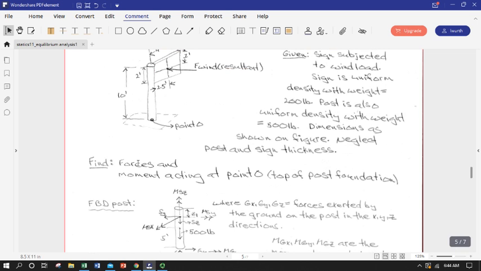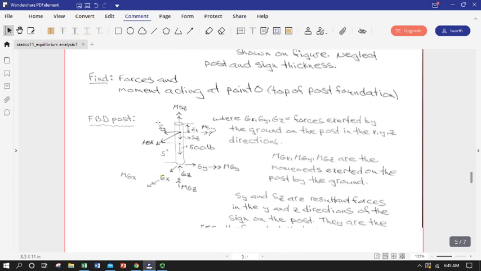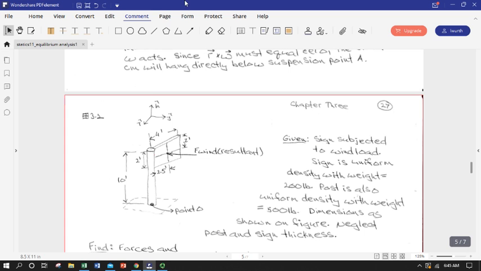So someone wants the forces and moments acting at point O, because that's what your foundation designer is going to need. Okay, so we have a lot of choices in terms of how we're going to approach this. And our first idea is how many FBDs, or free body diagrams, do we want?